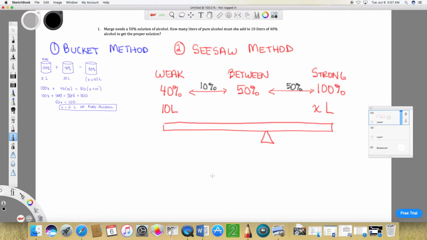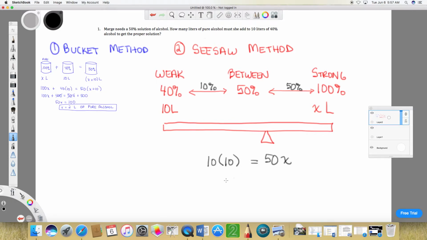So weight times distance equals weight times distance. Even though this is a volume, we're letting the analogy be that it's the weight. So over here I have 10 times 10, and my fulcrum, my balancing point, is equal to, and over here I have 50 times x. I have one equation and one unknown.